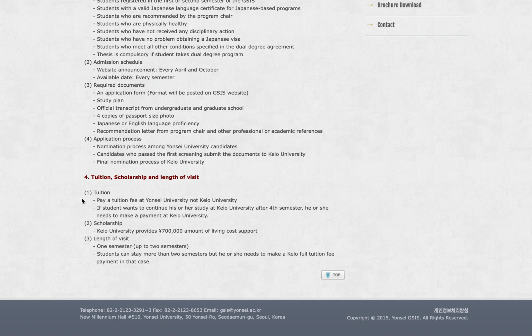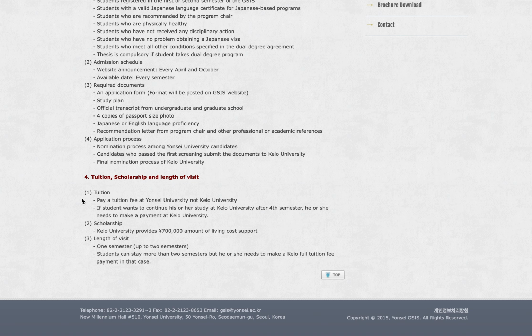GSIS will recommend you to the general graduate school office. Then the general graduate school office will examine you and other candidates among Yonsei University candidates. So the second interview is in the pool of the whole graduate school in Yonsei University.